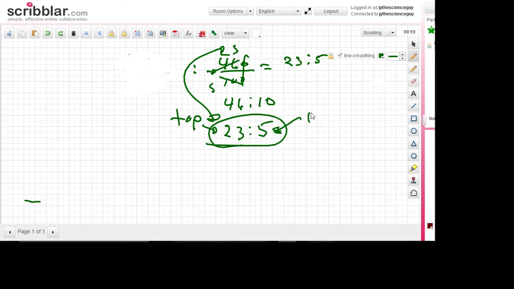That's always the bottom number. So reduce these by 2 and it equals 23 over 5.